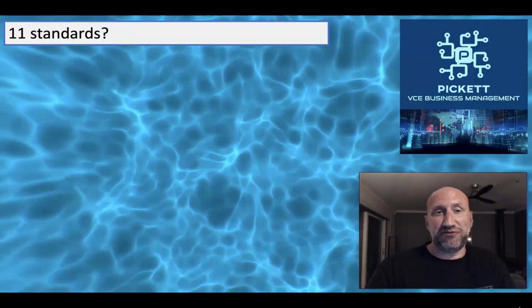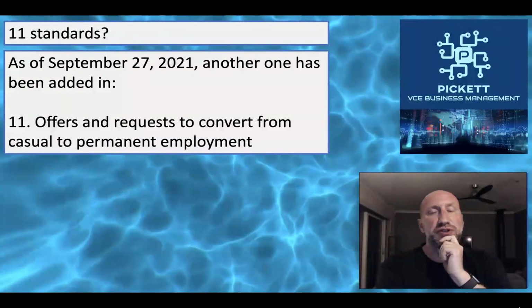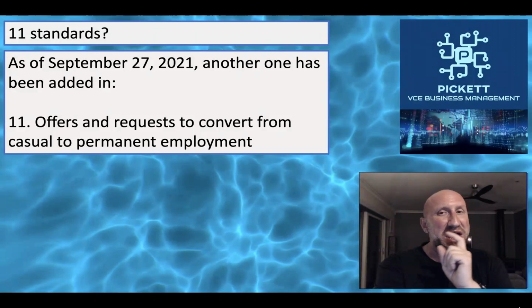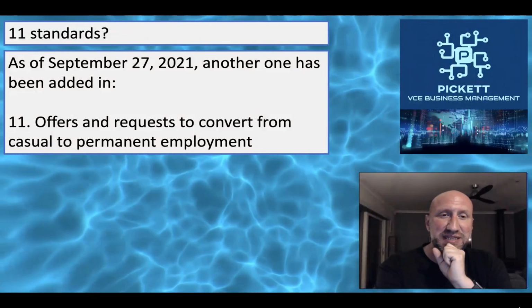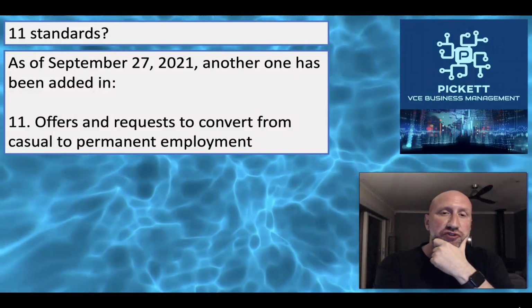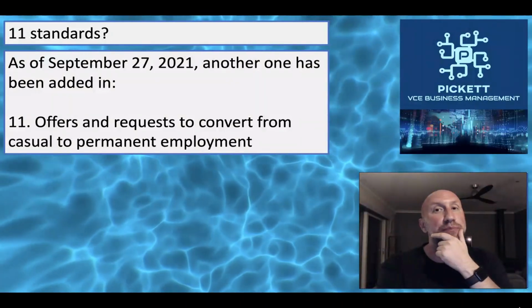But as I just said before, there's 11 because there's this new one. As of September 27th, 2021, there's now another one that's been added in. And that basically says offers and requests to convert from casual to permanent employment.